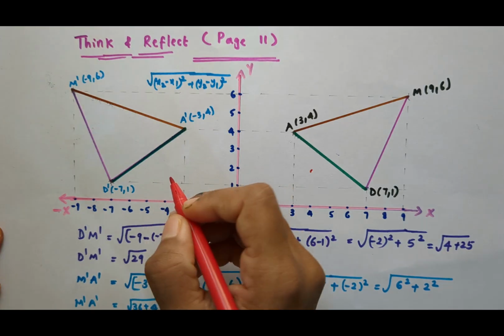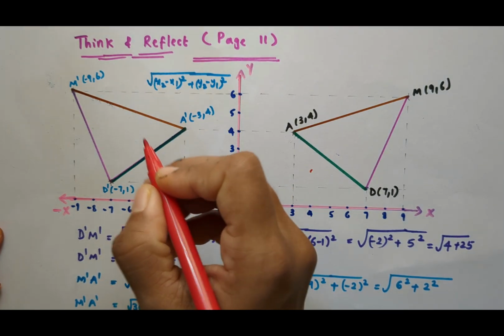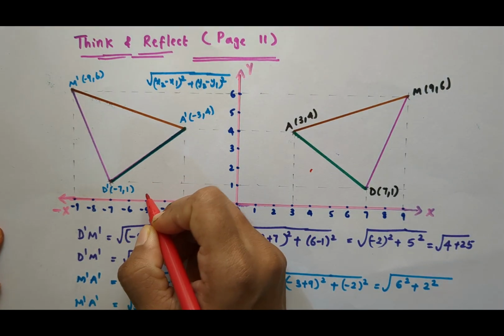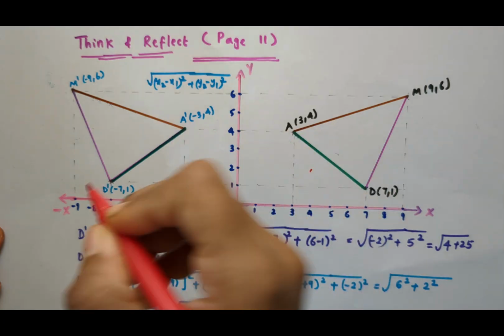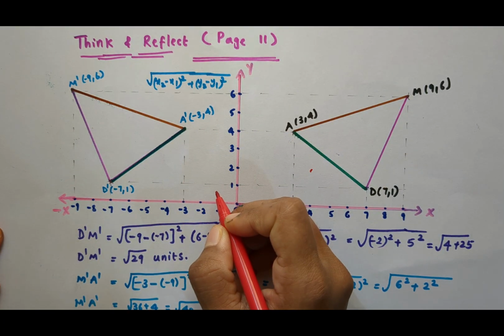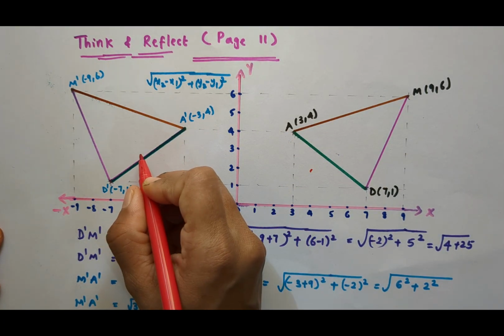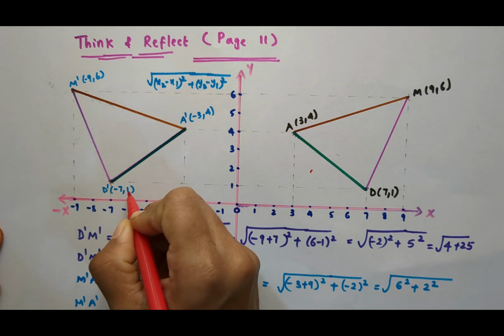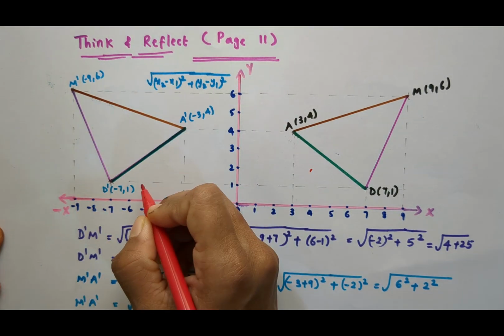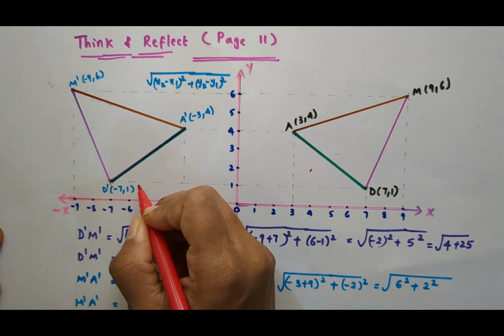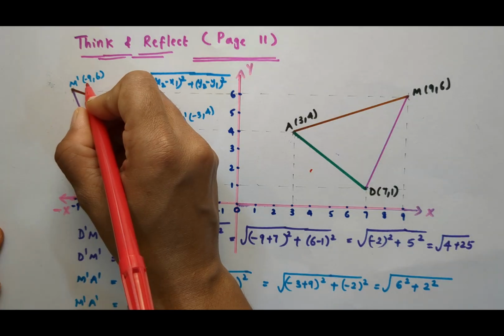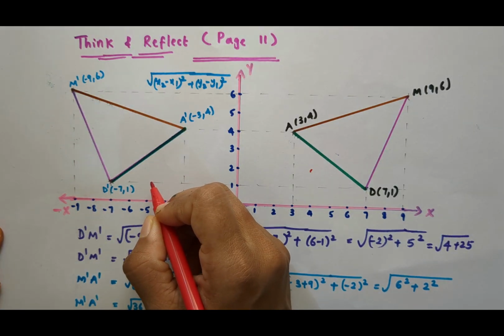That is, the x coordinates change their signs. Positive becomes negative and negative becomes positive. So in this reflection about the y-axis, the y coordinates of all the points remain the same, while the x coordinates change their signs.